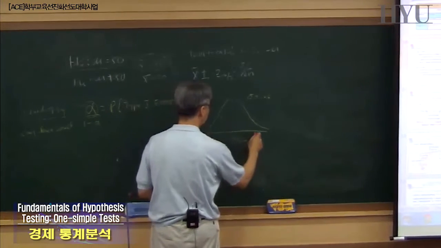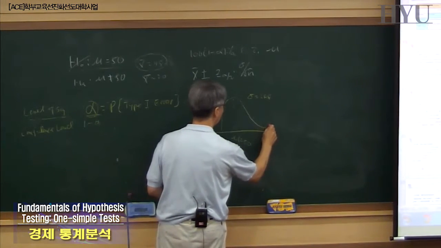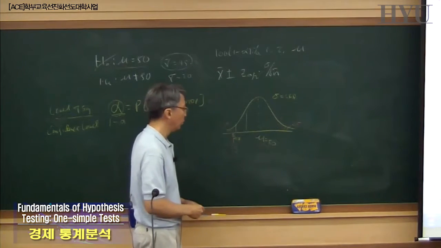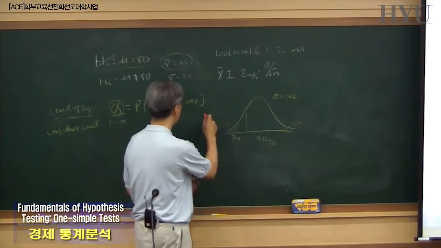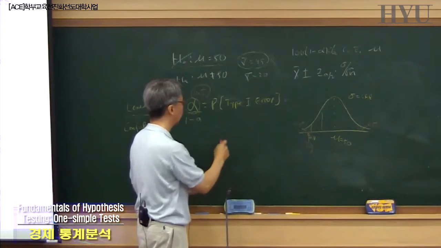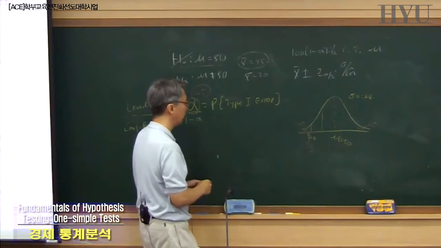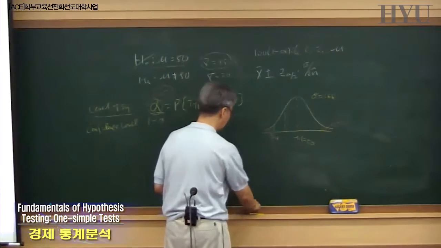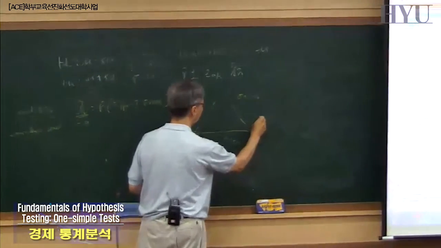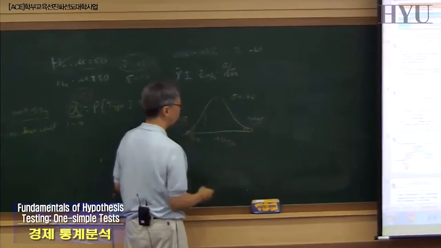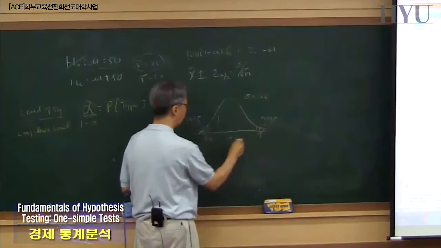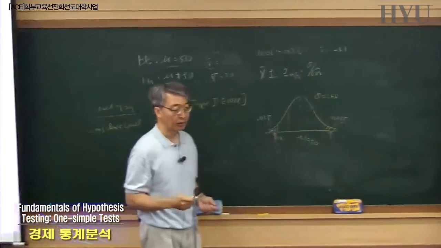But because it's so unlikely, and there is no way you can eliminate the probability of error completely, you may decide to use a 5% chance for type 1 error. In other words, you set up 0.025 area on the lower tail and another 0.025 area on the upper tail, and say whenever my sample result indicates here or here, then I'm going to reject the null hypothesis.